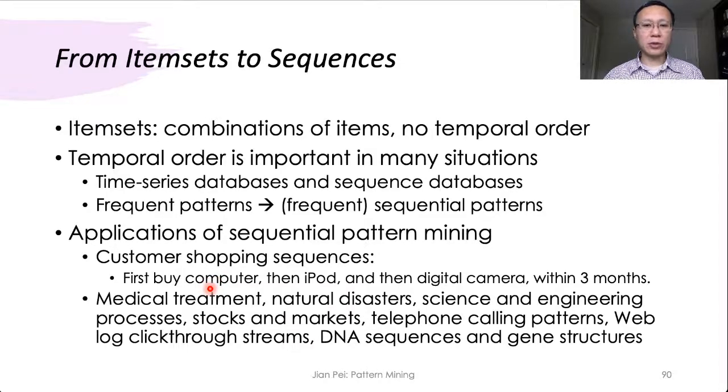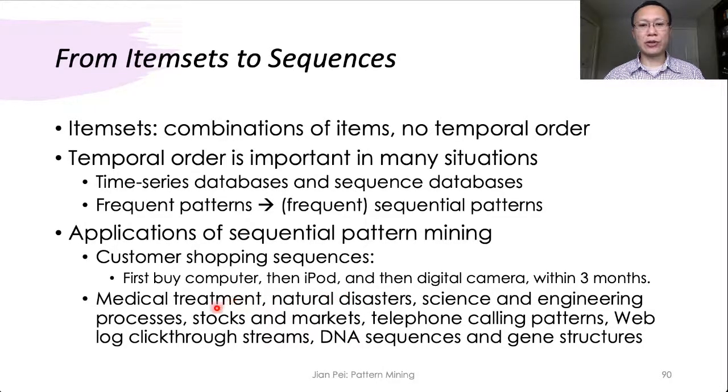Another important application is medical treatments. We may look at the time order of applying different treatments and their outcomes. Natural disasters may also follow some sequential patterns. By looking at such sequential patterns, we may be able to predict natural disasters early.